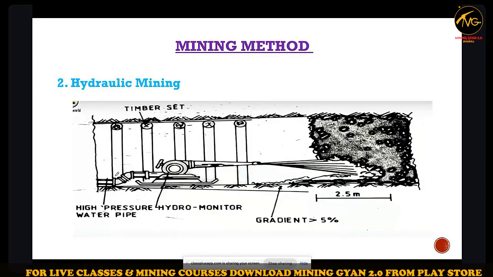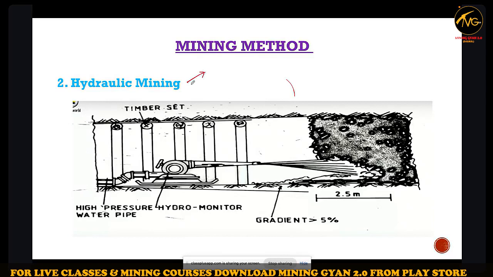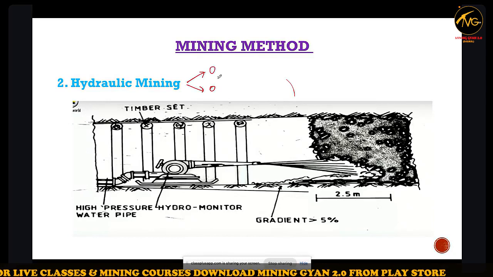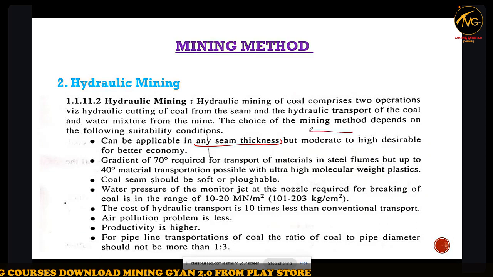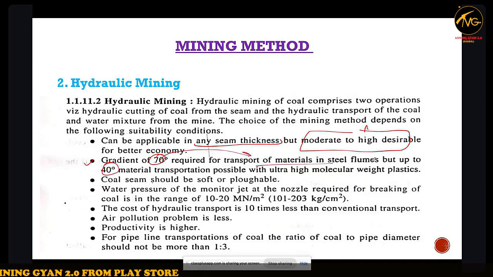Hydraulic mining we discussed yesterday. See, transportation and cutting of the coal happen simultaneously, and it can be used for any seam thickness, but we prefer it for moderate to high. Desirable angles are 70 degrees, 40 degrees: 70 degrees for transporting material like steel plumbs, and 40 degrees for high molecular weight plastic.